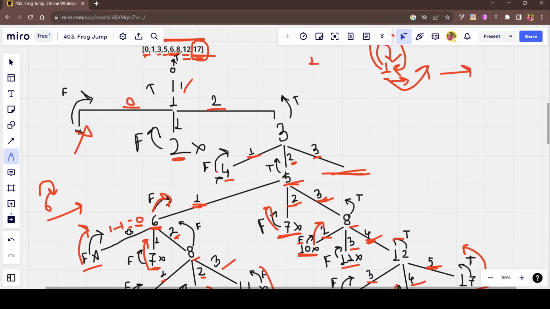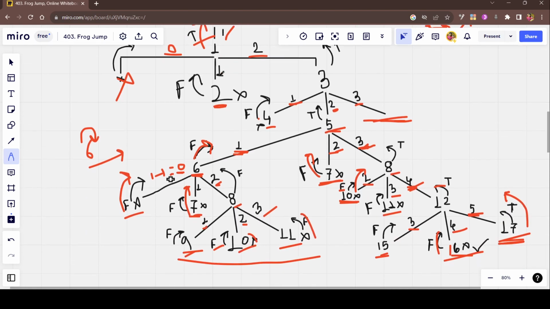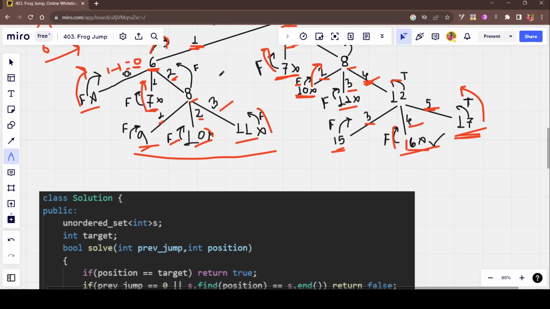So it is returning true, and eventually 0 will return true. So our answer will be true.